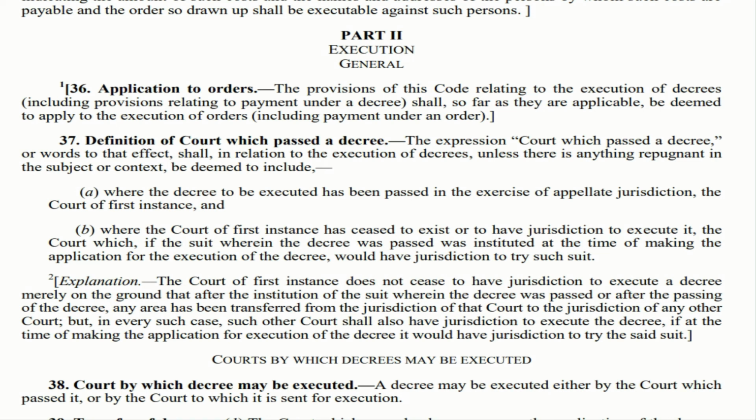You can file an execution petition in court B. There is no question. However, you need to understand that court A will also have the right to execute the decree if, at the time of filing an application for execution, court A had jurisdiction to try the said suit. When I am filing an execution application, the court should have the authority to execute that decree. In that case, court A will also be eligible to execute the decree.